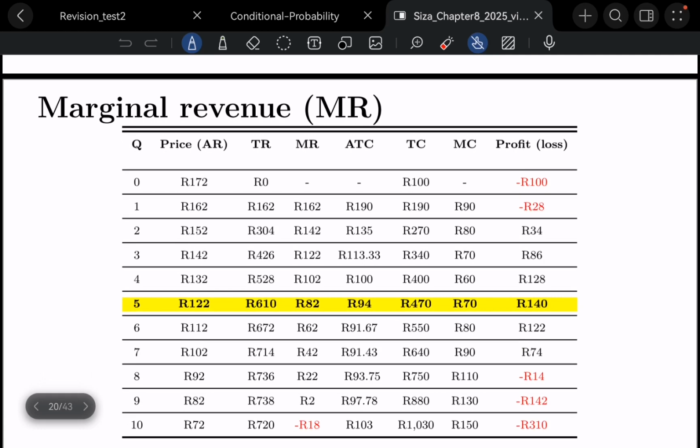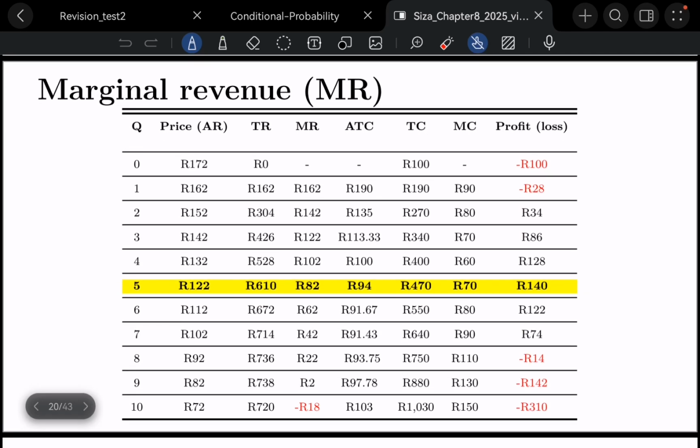Right, so here we go. We can look at this schedule that shows us the different marginal revenues and the different prices, the total revenues, and so forth. And when we look at this, you find that the point where we maximize our profit is where marginal revenue is approximately equal to marginal cost, which is at 5 units. So obviously, this is not exactly the maximum profit of 140 rands.